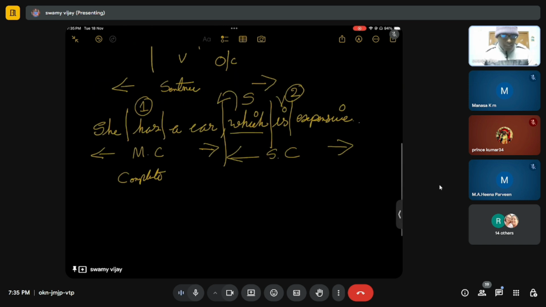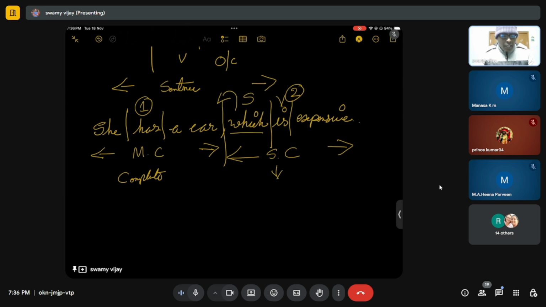Now the third question is, after the difference between a phrase and a clause is understood, after we understood what is a main clause and what is a subordinate clause, then the question comes, now these subordinate clauses can be modified for different purposes. Now in this sentence, she has a car which is expensive, as I told you already, this is a subordinate clause.